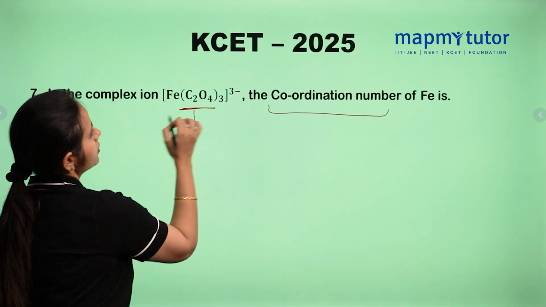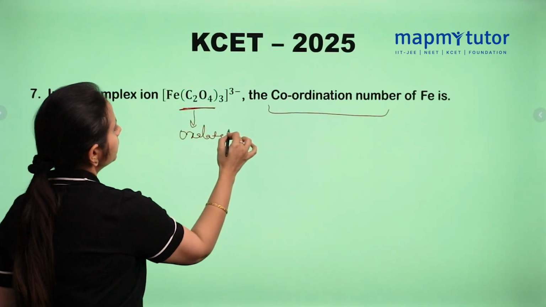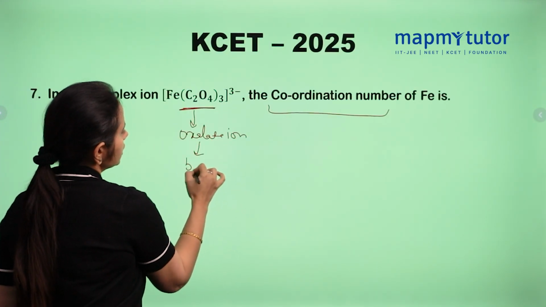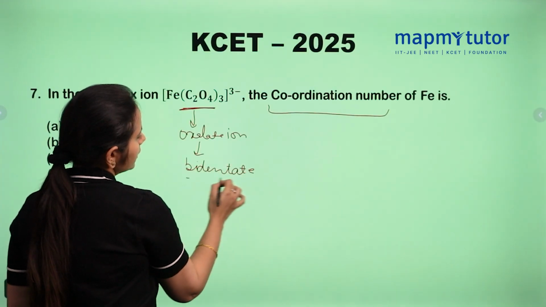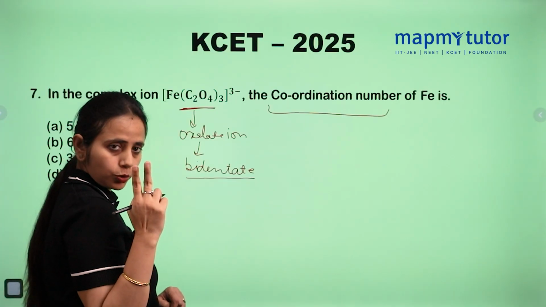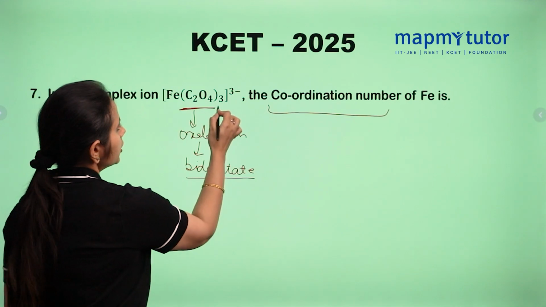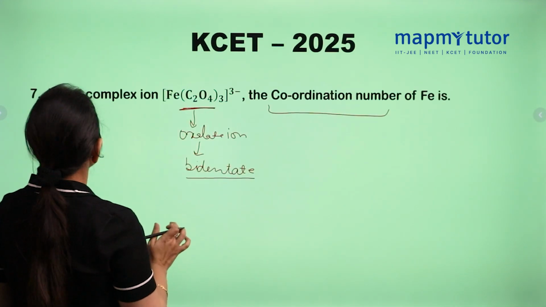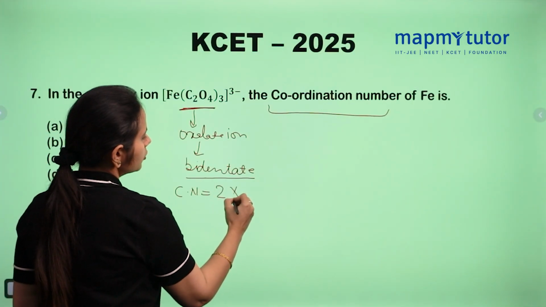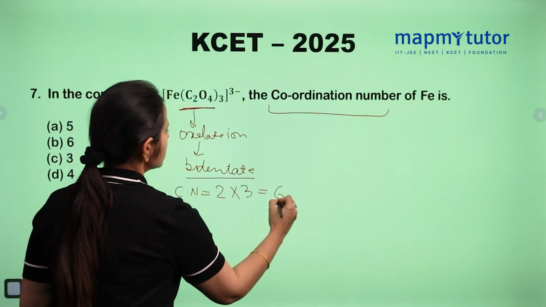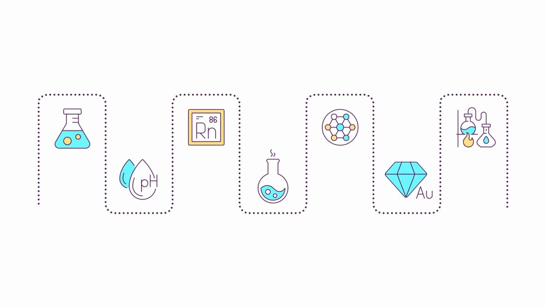Now we know this oxalate group is bidentate in nature, and for bidentate we consider two sites linked with the metal atom. There are 3 in number, so the coordination number will be 2 into 3, that is 6. So D is the right answer.